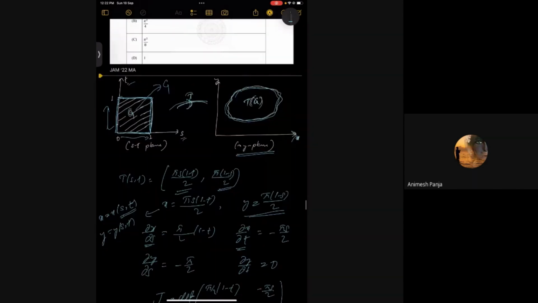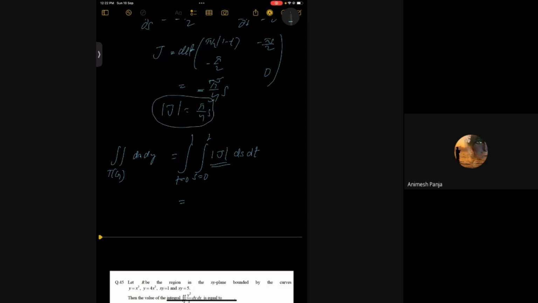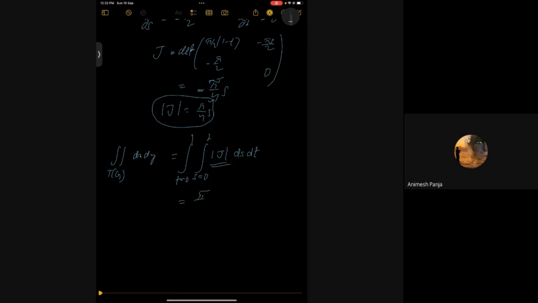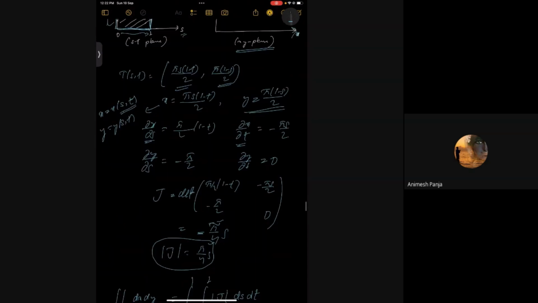Look at the question. So the absolute value of the Jacobian is nothing but, you remove the minus, pi square by 4s, right? So if you put it here, pi square by 4 will come out as ds dt, s lies from 0 to 1, t lies from 0 to 1. The answer is pi square by 8, the third option.